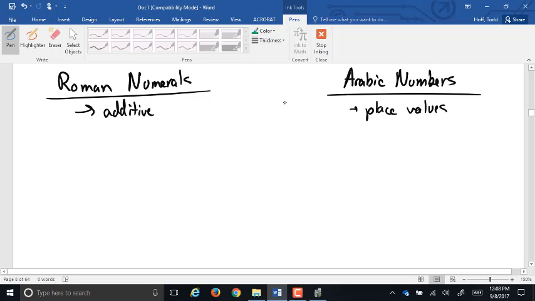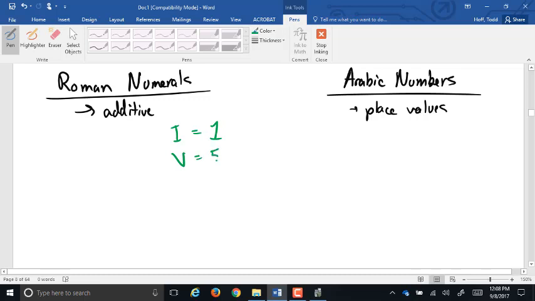First, let's look at the digits that are used. Now, I was always taught that you had to use capital letters for Roman numerals. That has since changed with modern typesets. Your book tends to use small letters for them. I use capital letters just so you know that that's an I and not a 1. I stands for 1.